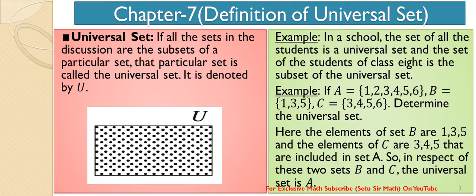As you can see, B equals 1, 3, 5 and C equals 3, 4, 5, 6.